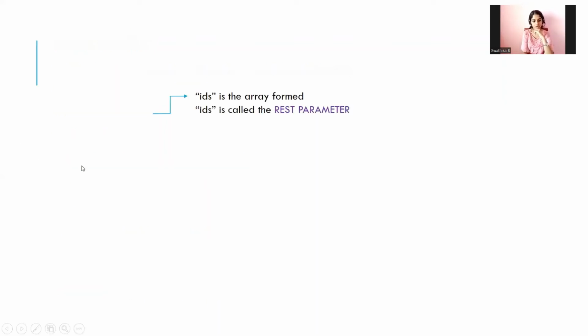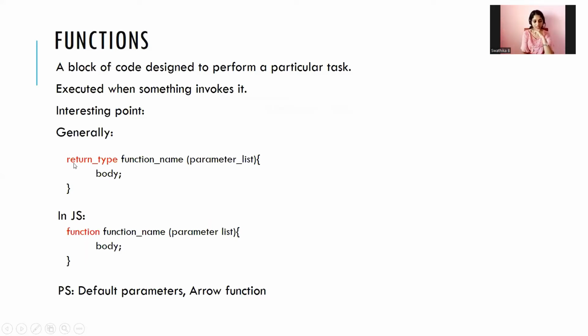It's going to have a return type, which can be int, float, long, anything. Then you give the function name, then a parameter list, and then the body. But in JavaScript, there's no return type because we just saw there's no data type.